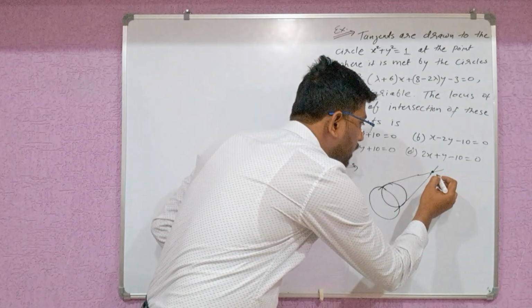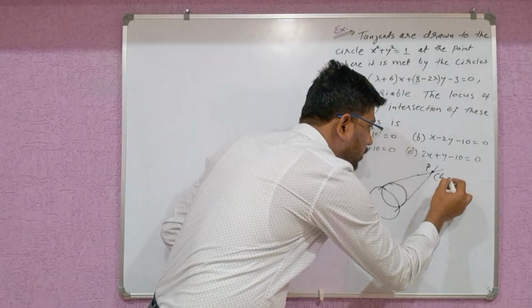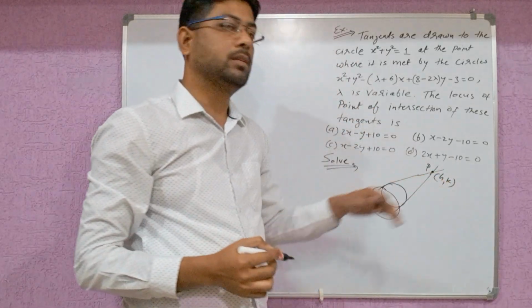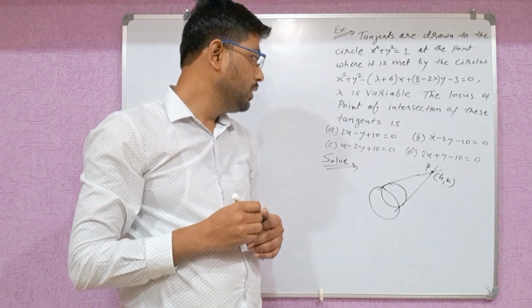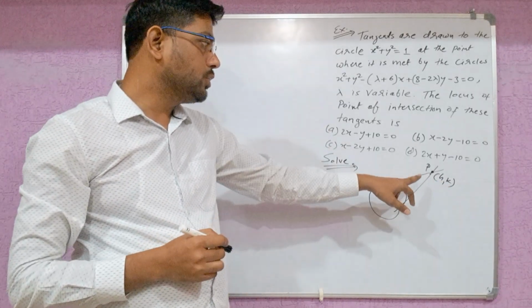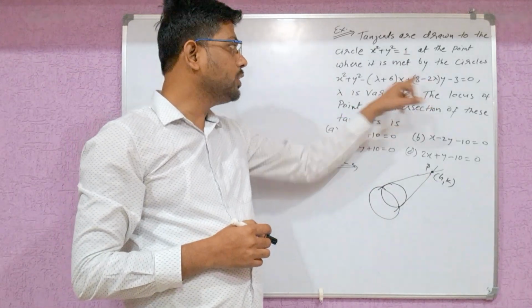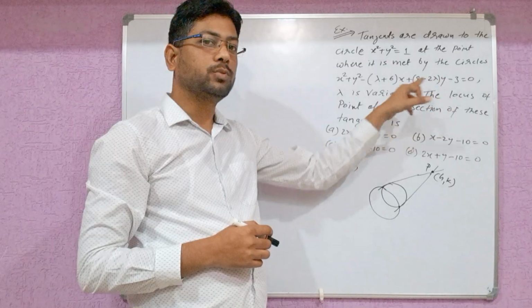So I am taking the coordinate of this point P, let's suppose this point is P, as H comma K. Locus of this point I have to find out. Now this is only a single point, how do I get the locus? So see here, this circle is a variable circle.